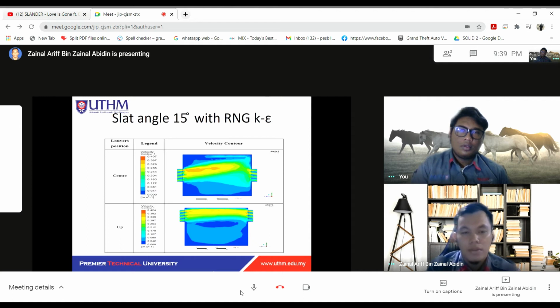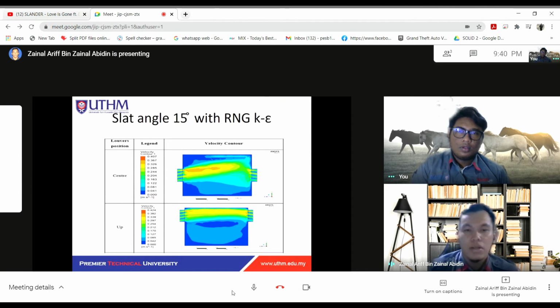Based on our results for the slant angle of 50 degrees with RNG k-epsilon, for the center, the highest velocity inside the air ventilation is 0.407 meters per second, and for the up, the highest velocity is 0.424 meters per second.